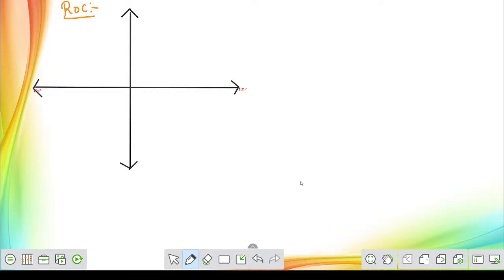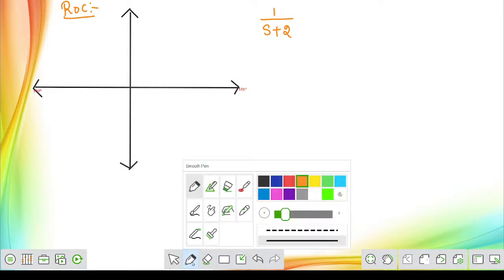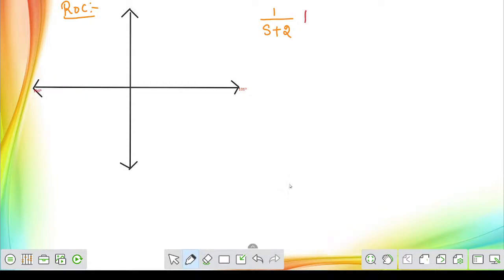What you have to do is first take some random signal, whatever is given to you. Whenever you try to draw its corresponding region of convergence, the first step is to draw the corresponding vertical strip. For example, let us assume that the given signal has a pole of 1 upon s plus 2, and it is given that its region of convergence is greater than minus 2. How is it greater than minus 2, sir?